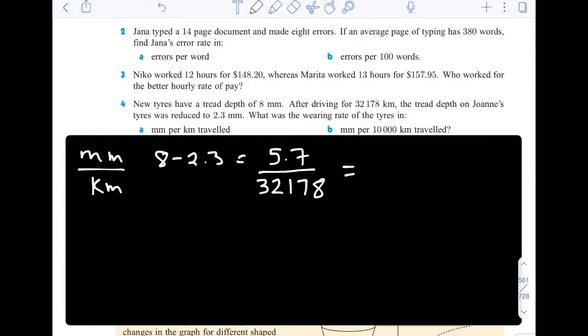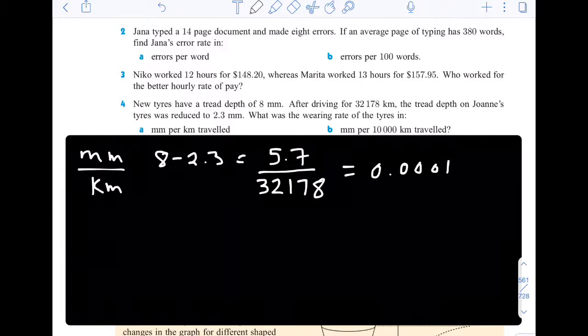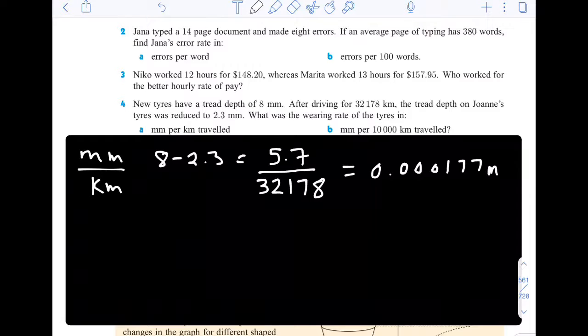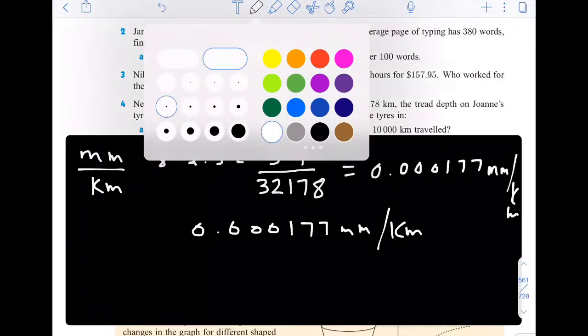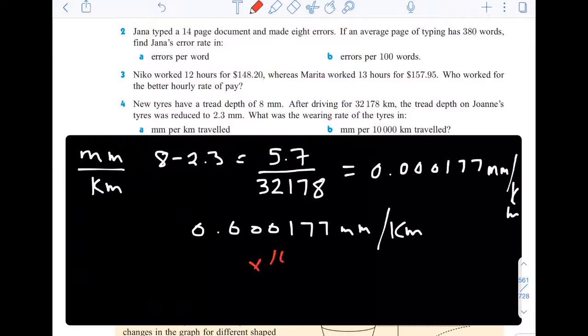32,178. We get 0.000177 millimeters for each kilometer. So a very small amount of wear per kilometer. Next it says we want to know what it is in 10,000 kilometers. So I'm going to write this number out again, and I'm going to take each of these numbers and multiply them by 10,000.